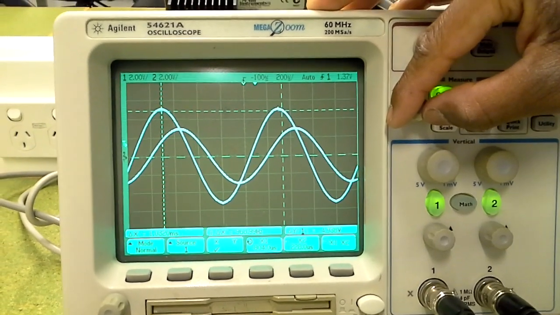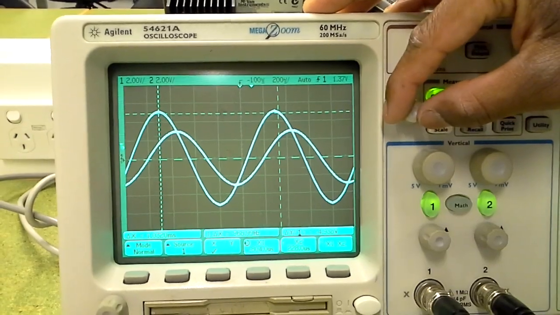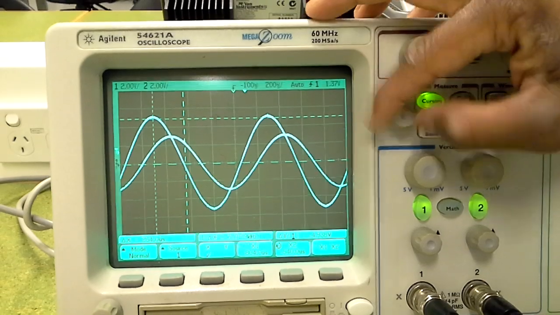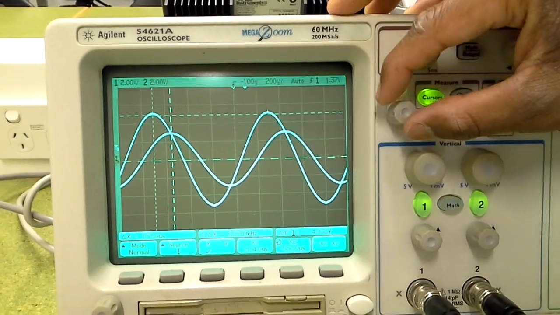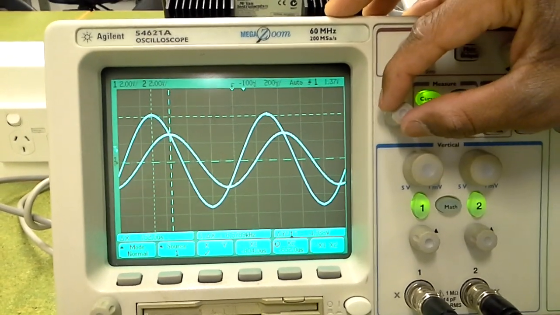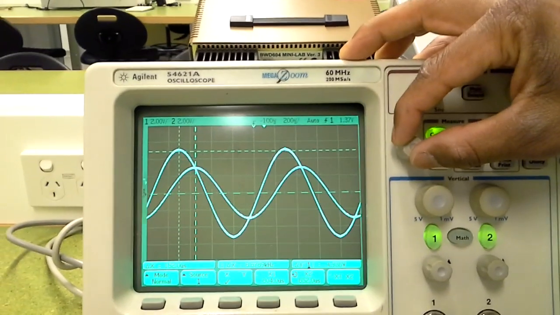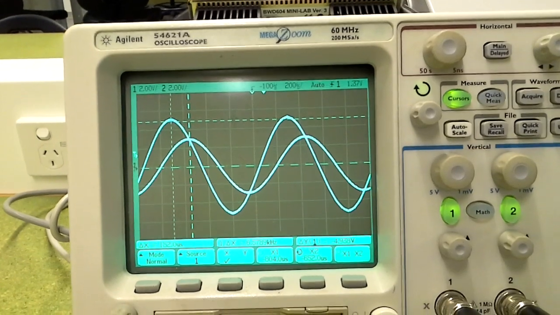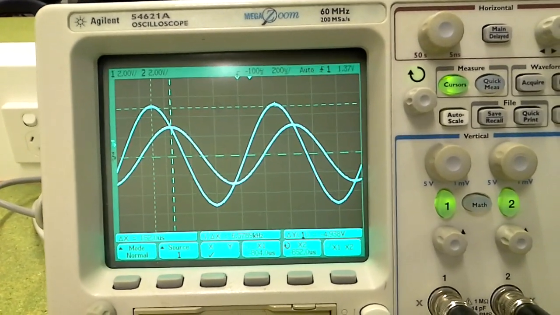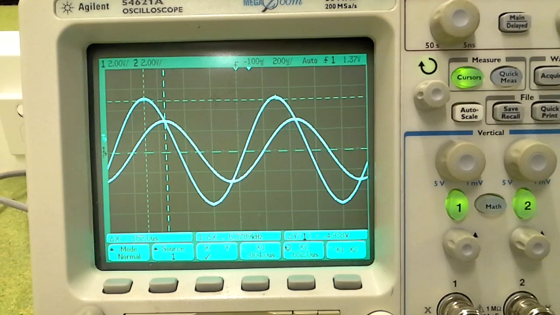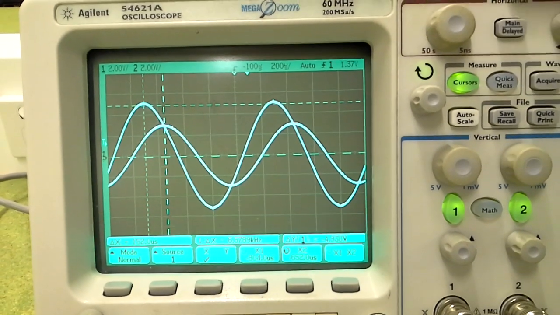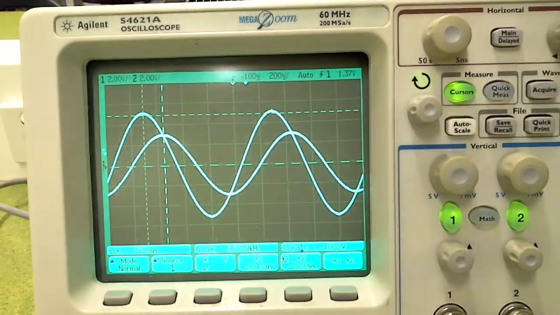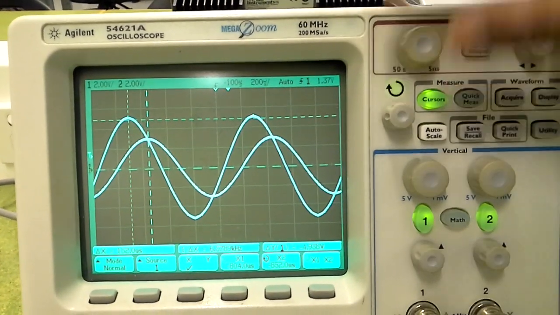This is the peak of the source voltage, and we set x2 to the peak of the corresponding capacitor voltage. So delta x is 152 microseconds. To measure the phase, we also need to know the time period.